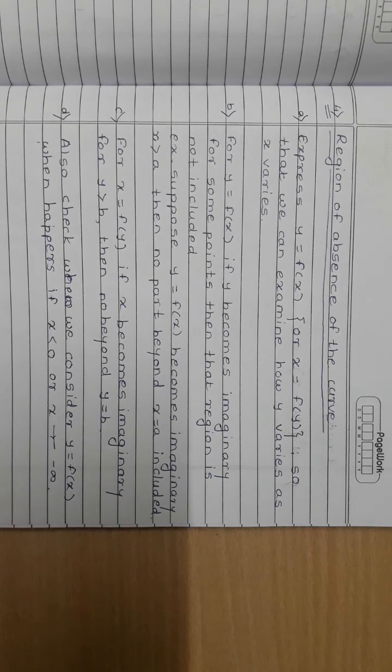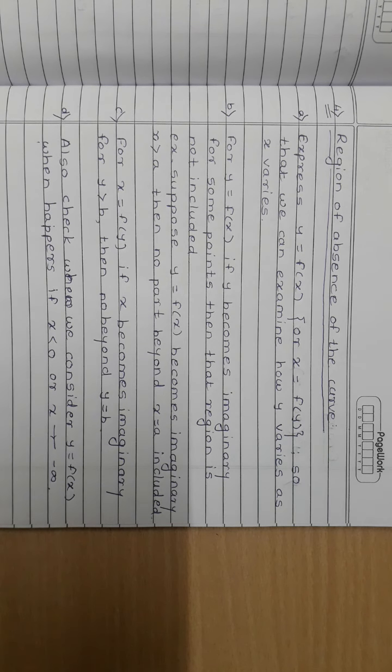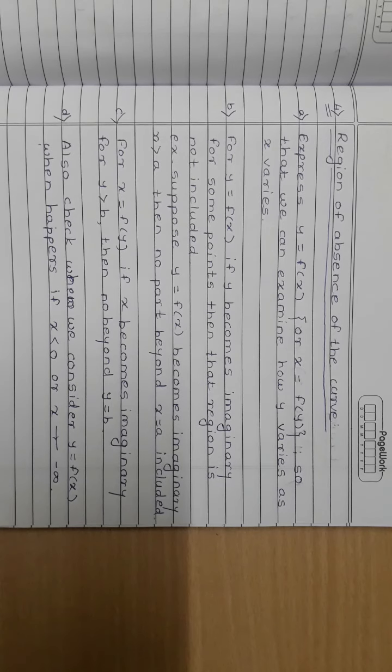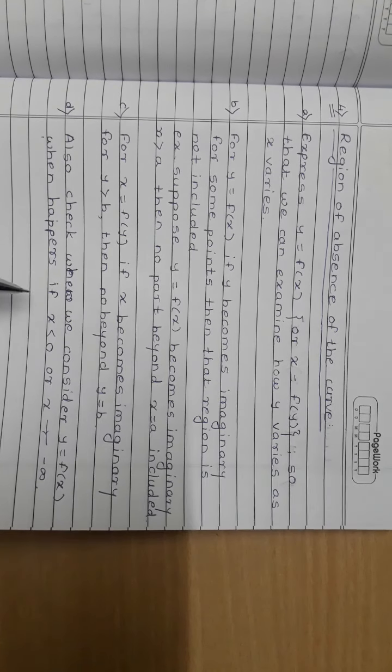Then observe what happens to y when x becomes negative, that is, when you go towards the left. Using these rules we can decide the region of absence for the given curve. Let's take an example based on this.